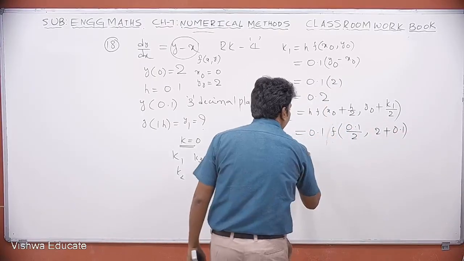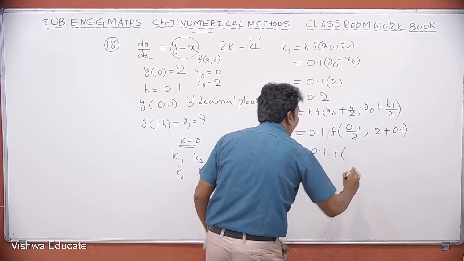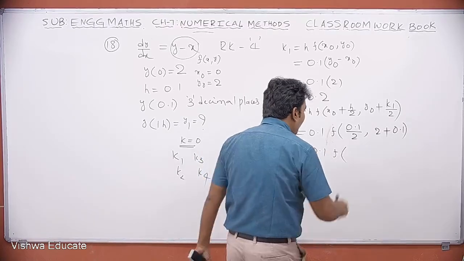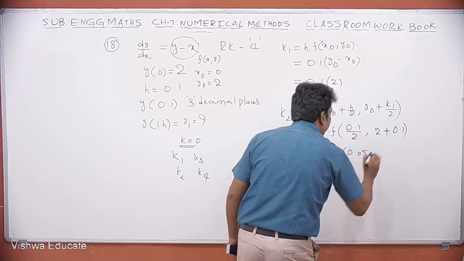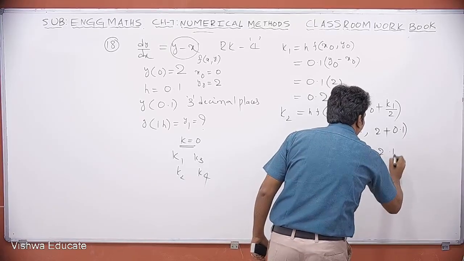So this is 0.1 into f of 0.05 comma 2.1.